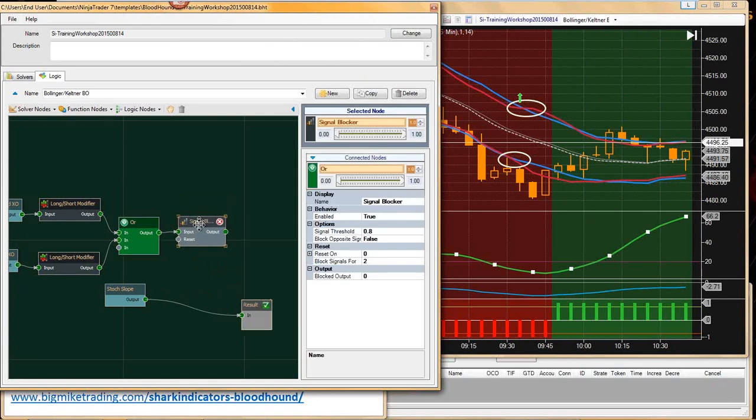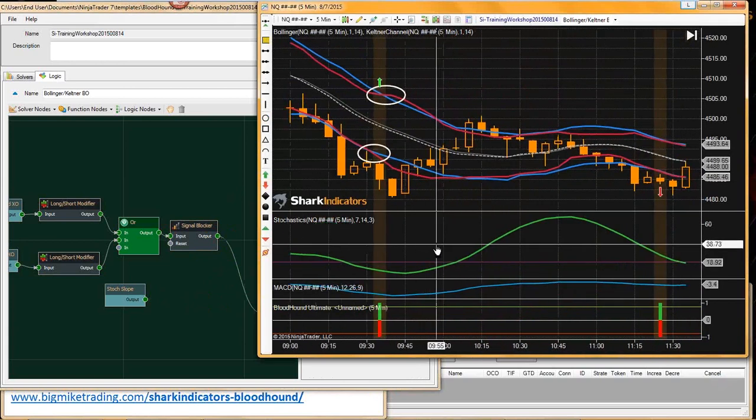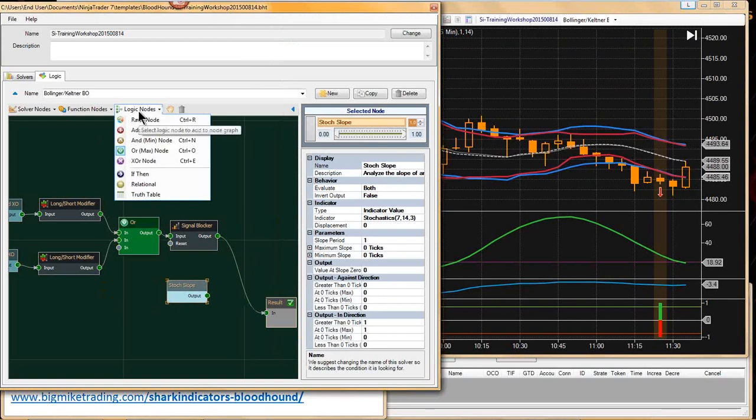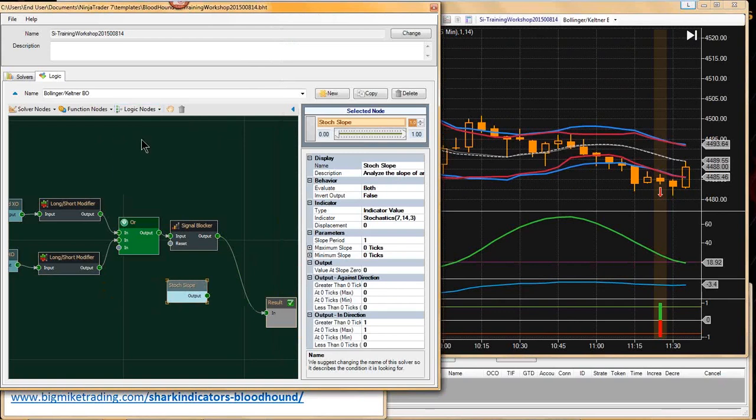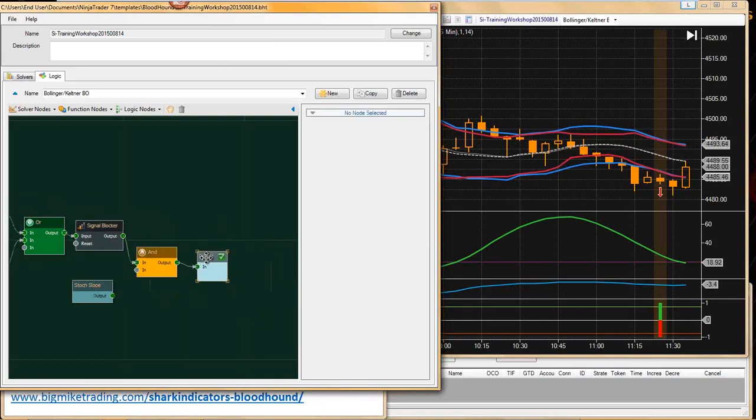So the last step here is we're going to take our crossover signals and filter them with our stochastic slope, and to do that we're going to use an AND node. Whenever you're doing any kind of filtering, you're almost always going to want to use the AND node. So let's cross that in there, connect that up.